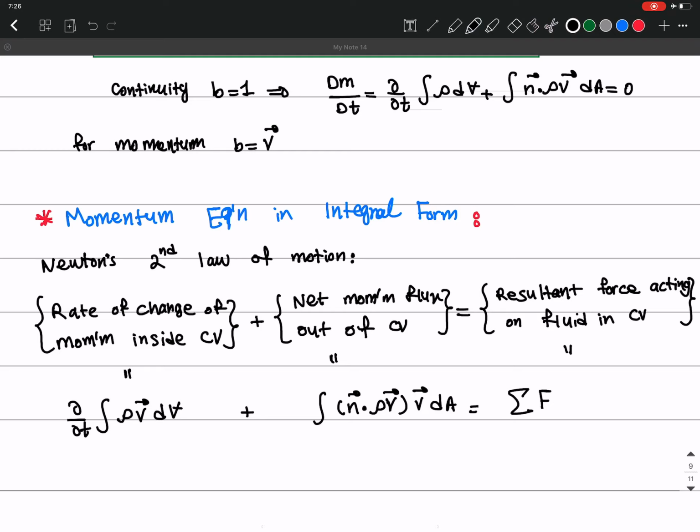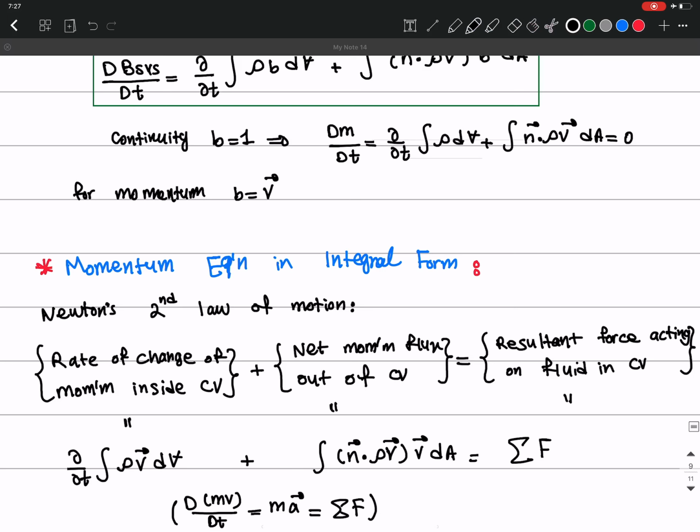So this is just Newton's second law of motion, because what are these? These are just d(mv)/dt, which is the material derivative of momentum with respect to time, which is going to be just ma equals sigma F. This is what probably you have heard and you might remember, okay?